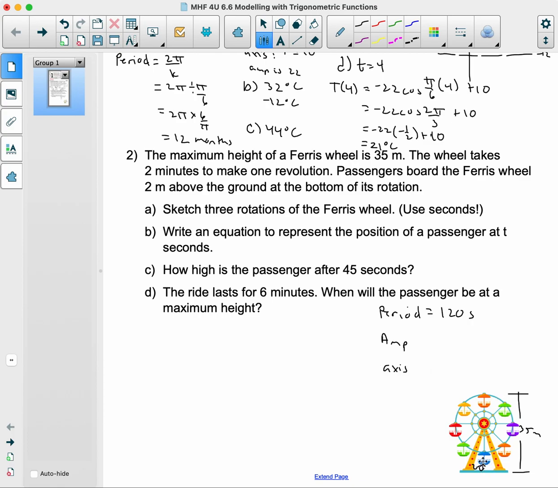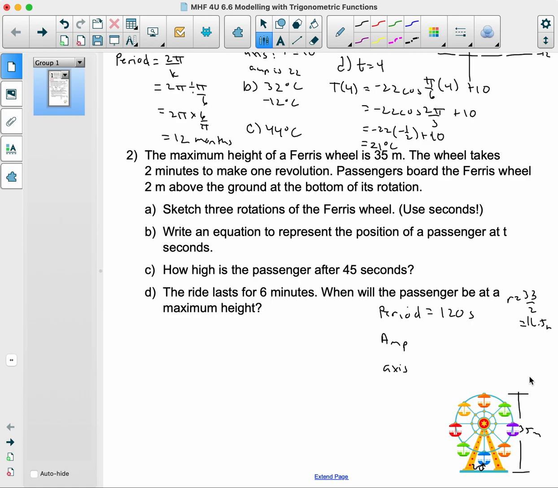So the graph has been shifted up 2. Okay, but so the whole thing is 35. This thing here is 33. So the radius of my Ferris wheel is 33 divided by 2, which is 16.5.